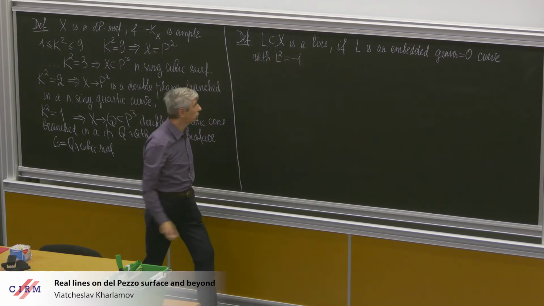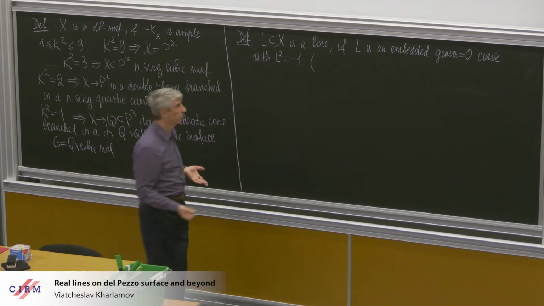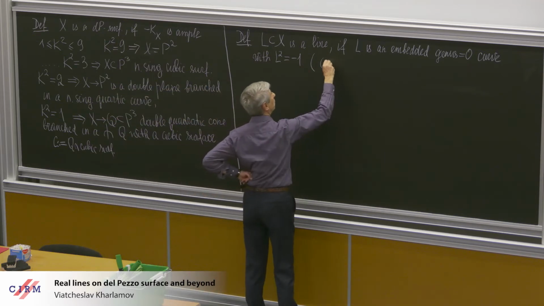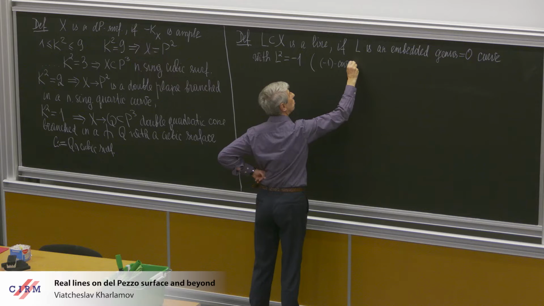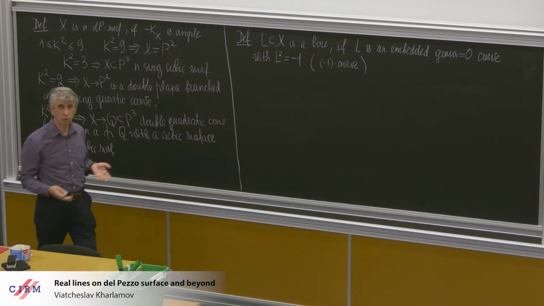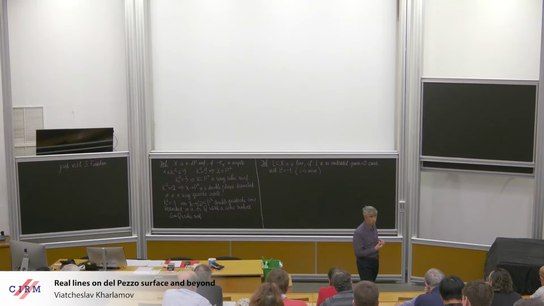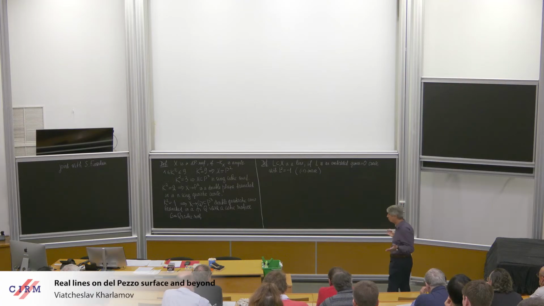In other words, it's what is usually called a minus 1 curve, or exceptional curve. But in the context of del Pezzo surfaces, it's natural to call these objects lines because, for example, in the case of cubic surfaces, they are true lines in P3.